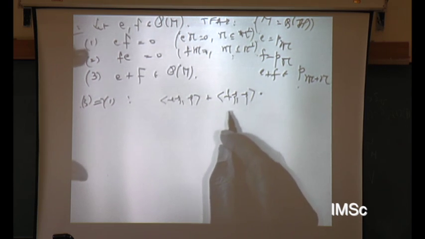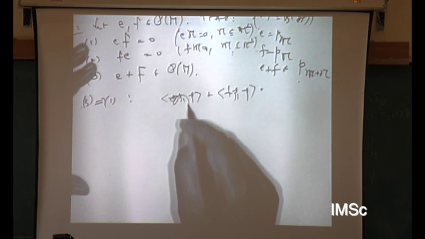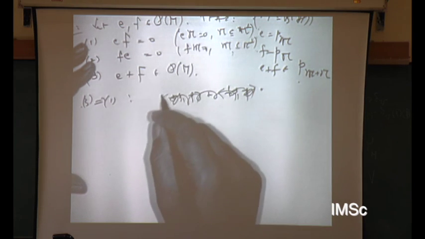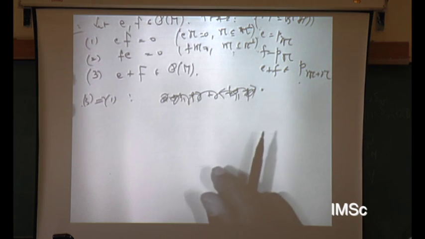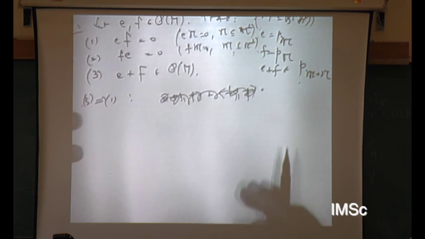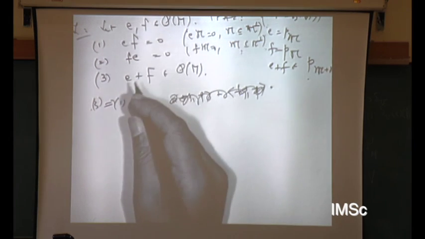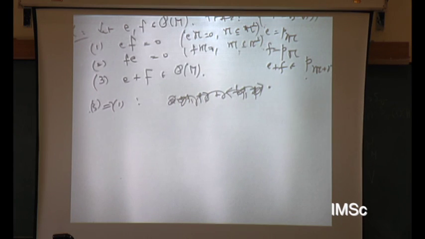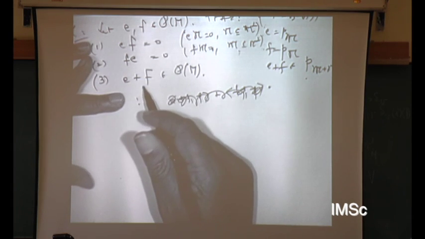I wanted to go for an algebraic proof, but never mind. Say that E plus F is a projection. This must say that E plus F squared must be equal to E plus F.